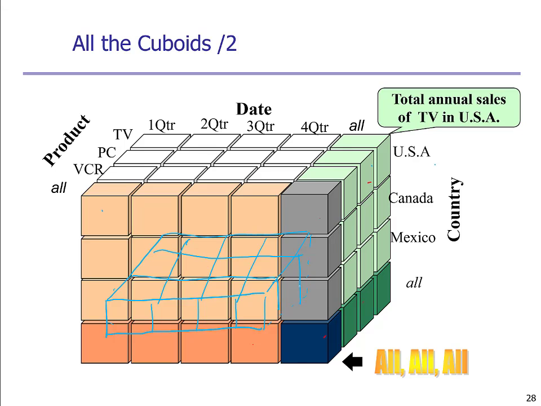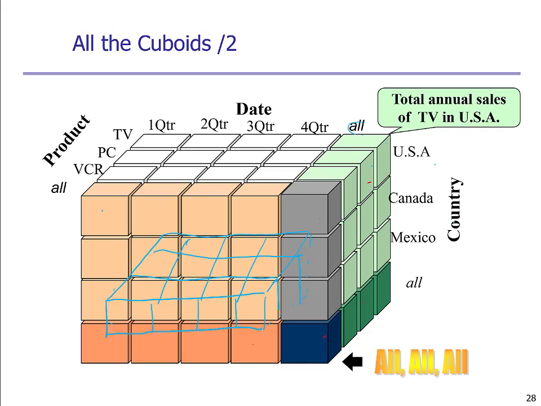Okay, let's look at the green one here first. For the green one, each cell, for example this cell, means the total annual sales because it takes an all on top of date, right? So it is the total annual sales of TV in USA. Then in general, each cell within this light green cuboid represents the total annual sales of a particular product in a particular country.